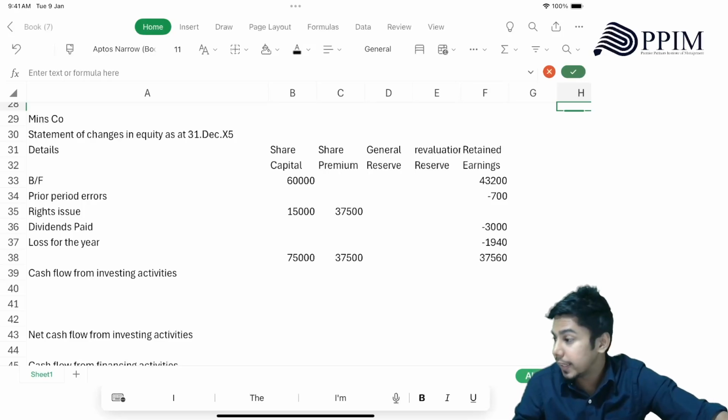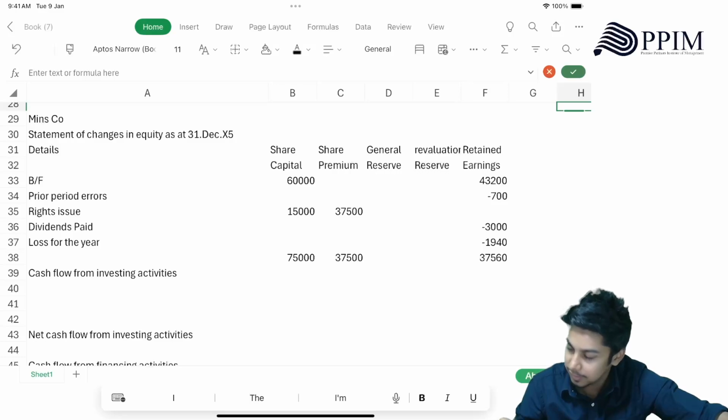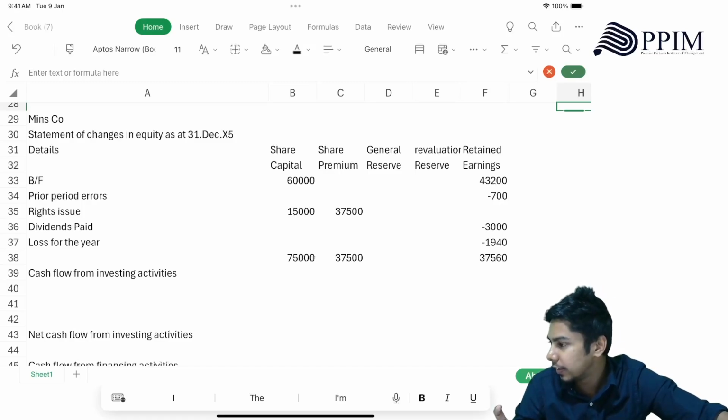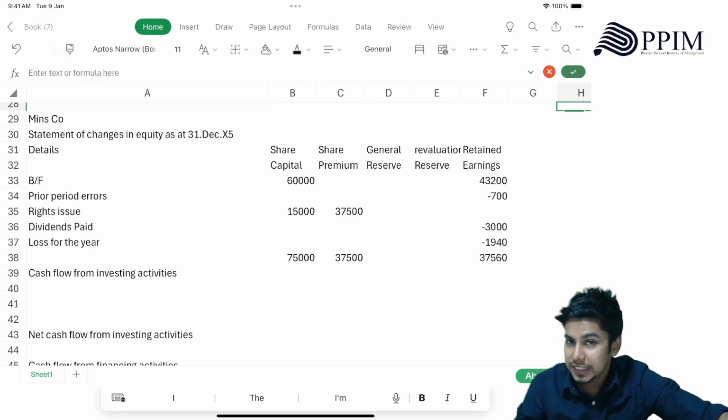No, Daniel, that increase is what increase? The $2 million increase. No OCI; we normally use OCI when there is a revaluation.